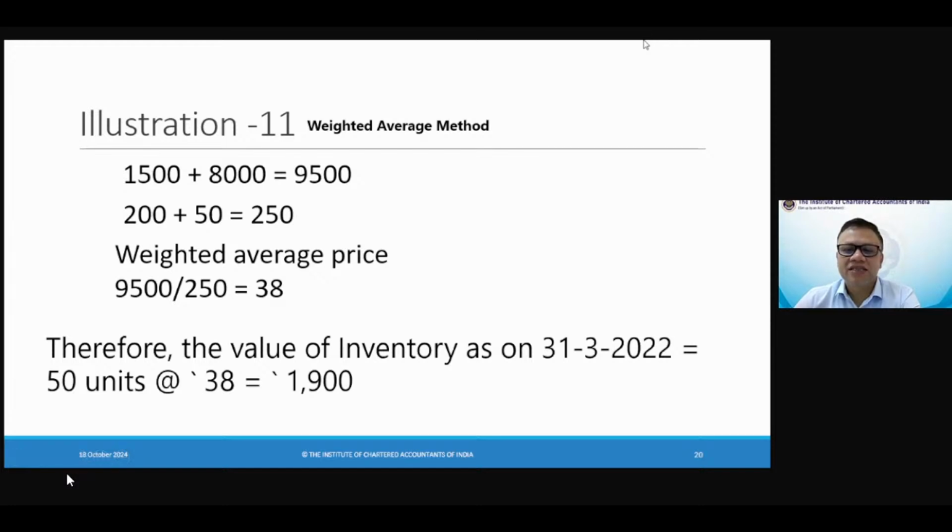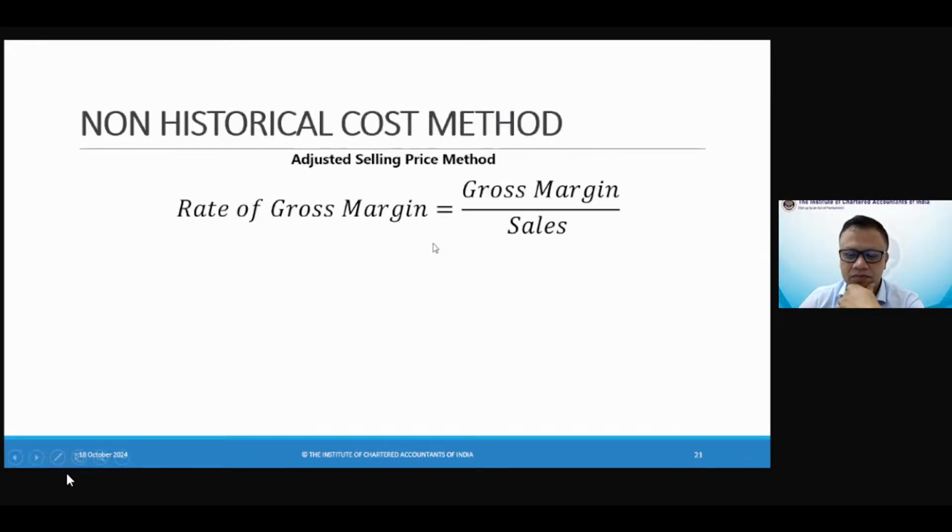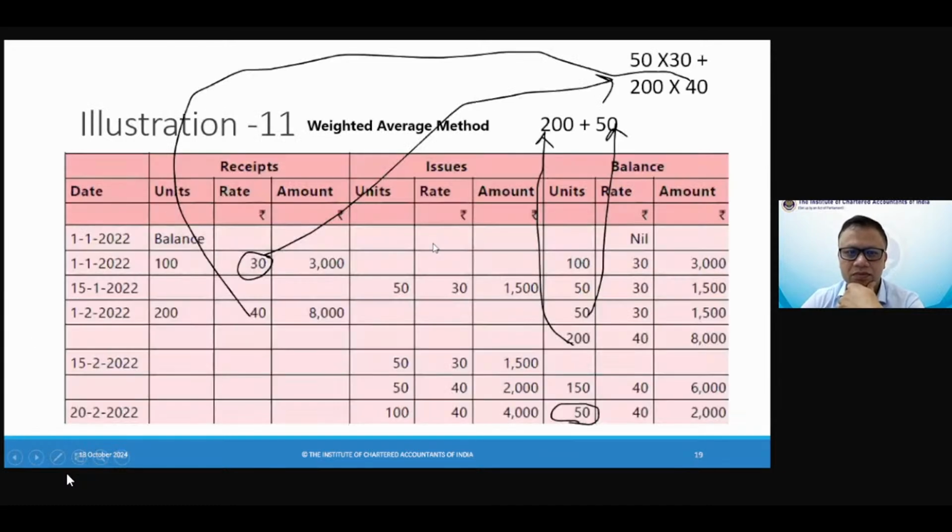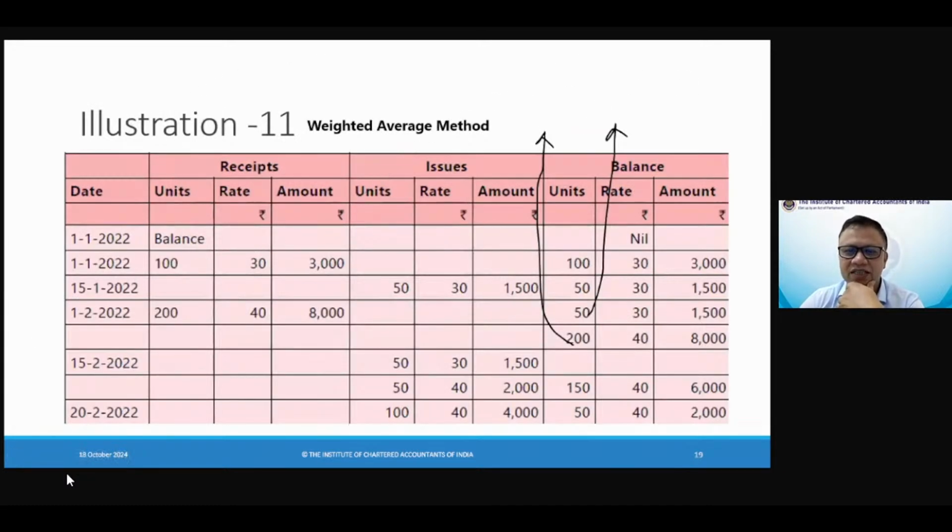Sir, once again, can you repeat this weighted average method? Okay, sure. So what happens here in the weighted average, before I start, Suhana, let us see.